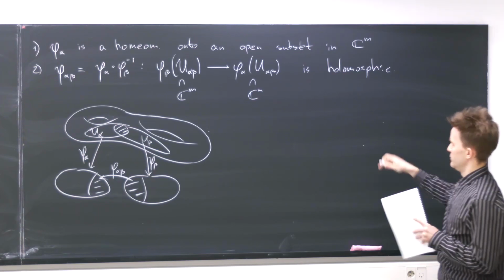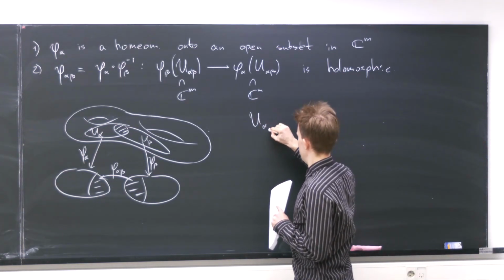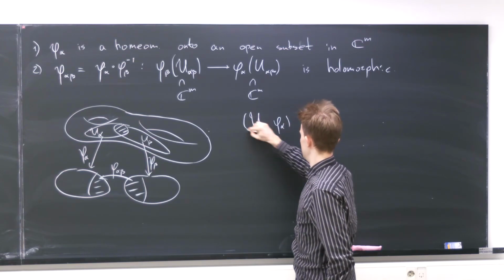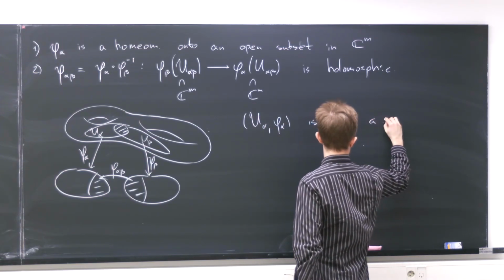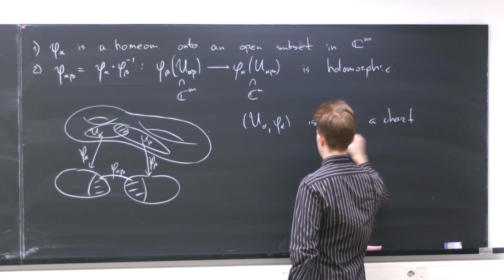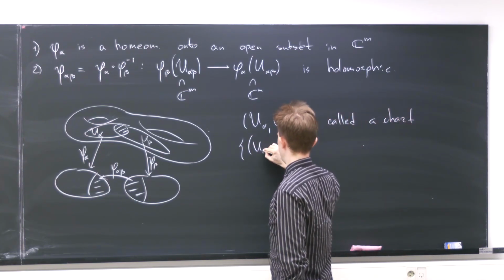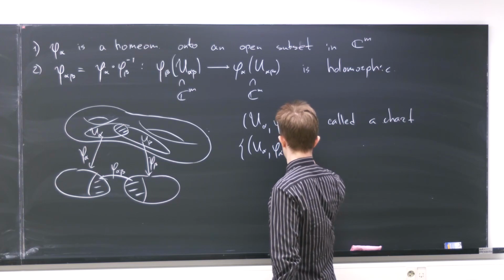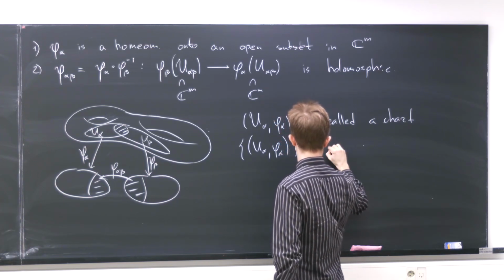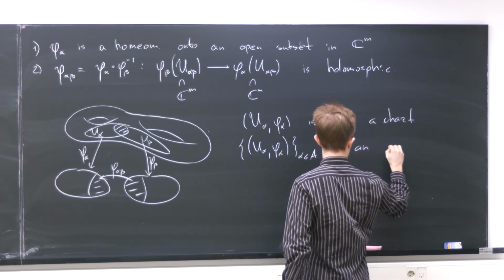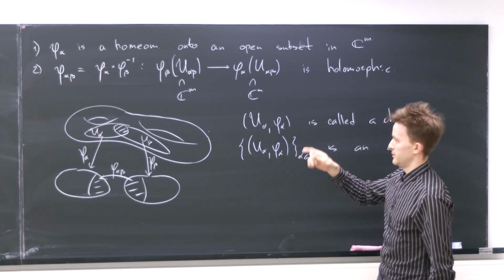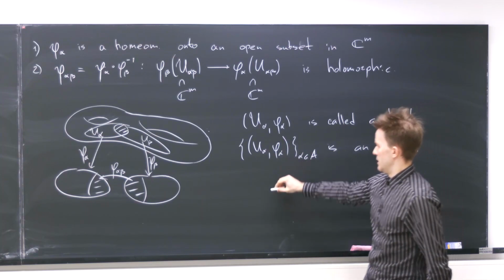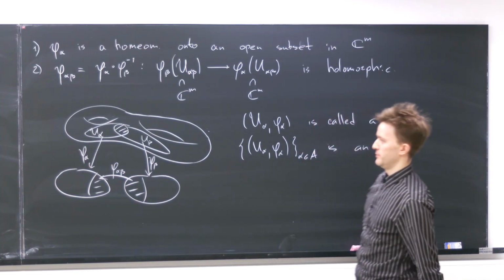Okay, so U alpha with this phi alpha is called a chart, and this collection is called an atlas. And of course m is called the dimension. Well, that is already written.